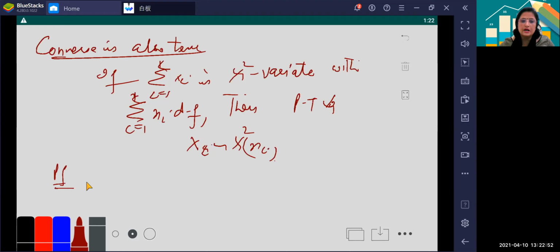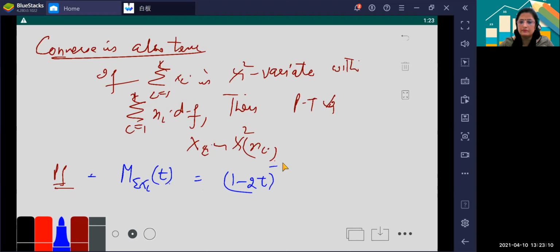So where will we start the proof from? What we just finished. So we will start the proof from the MGF of summation of xi at t. You did it just before, same. How much did it come to? 1 minus 2t, you will directly write, this is 1 minus 2t raised to power minus n1 plus n2 and so on up to nk divided by 2.